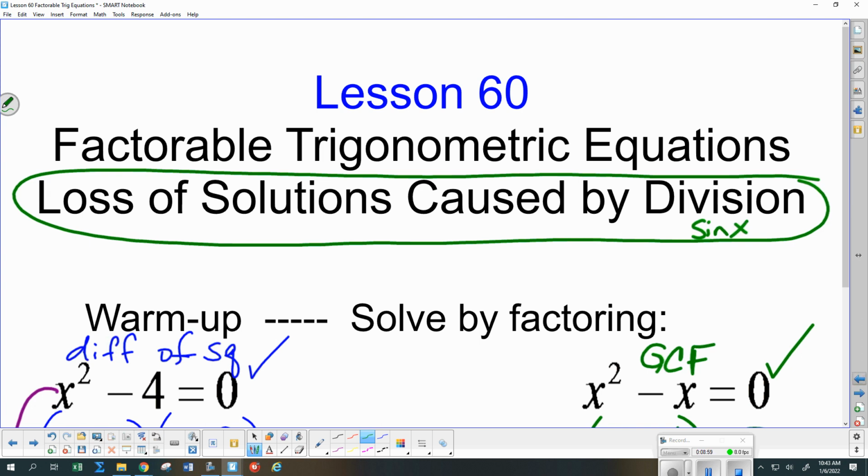I can't divide an equation by variables without risking losing a solution. There was a variable in what I divided by. So you can't divide by just x. You can't divide by 3x. You can't divide by x minus 4. You can't divide by the tangent of x. You can't divide if there's a variable in what you're dividing by. Or you might get some of the answers, but not all of them.